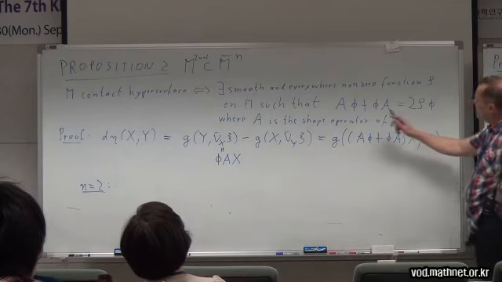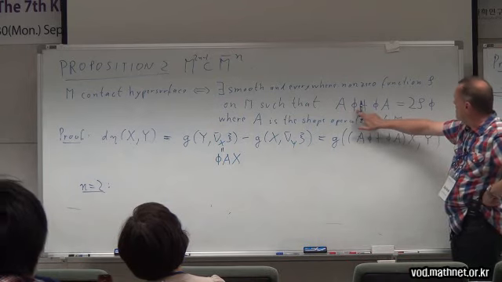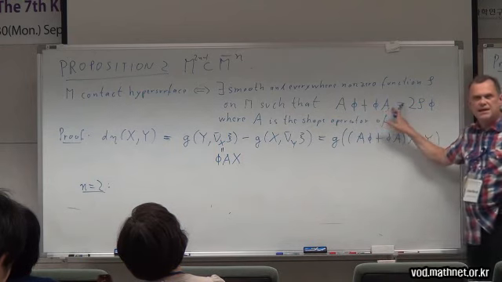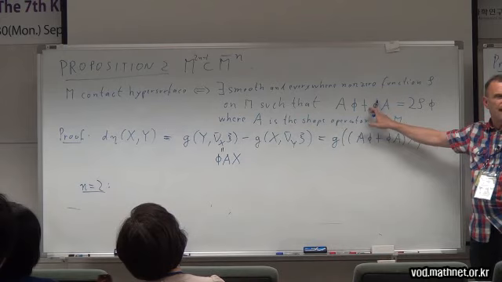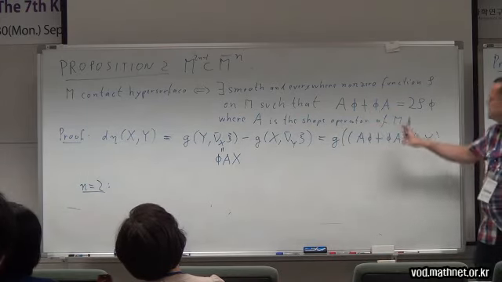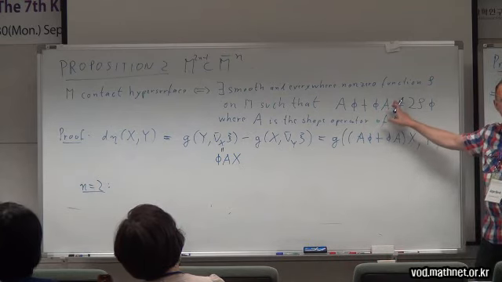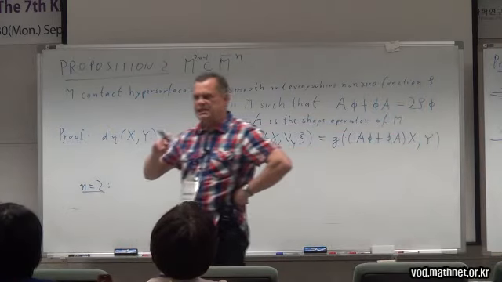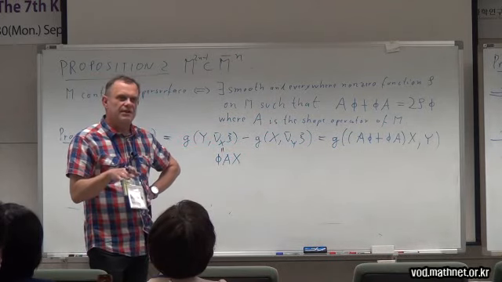So when we apply this equation to xi, what we get here, phi xi is 0, so we get phi times A times xi is 0. So this means that A xi must be in the kernel of phi, but the kernel of phi is just the span of xi. So this means that xi is a principal curvature vector. So this means that the orthogonal complement is also invariant under the shape operator.